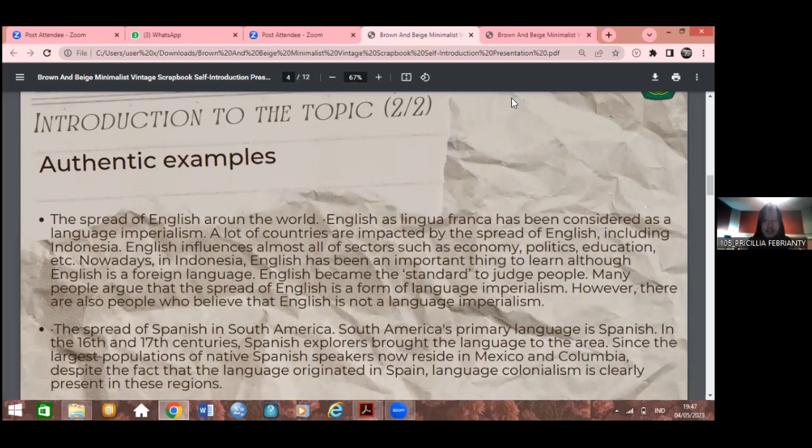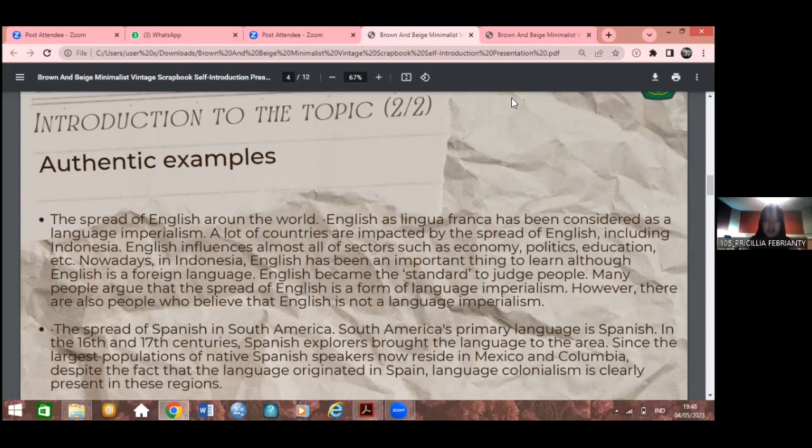Nowadays, in Indonesia, English has become an important thing to learn, although English is still a foreign language. And English became the standard to judge people. For example, a person will be considered smart if she or he can speak or understand English, or people that can understand or speak English are considered well-educated people.